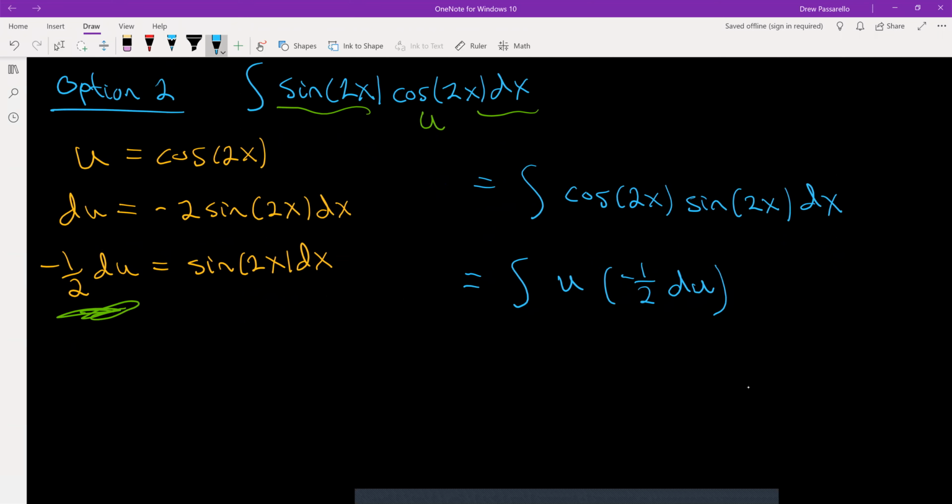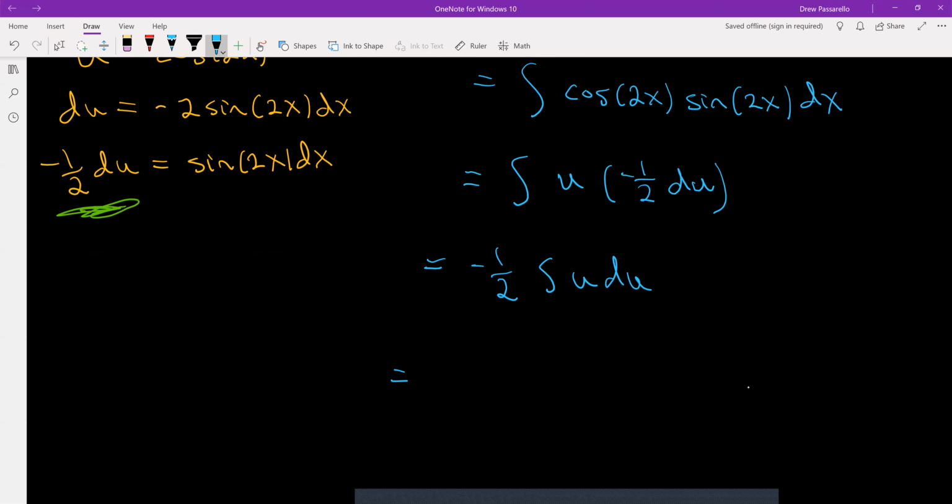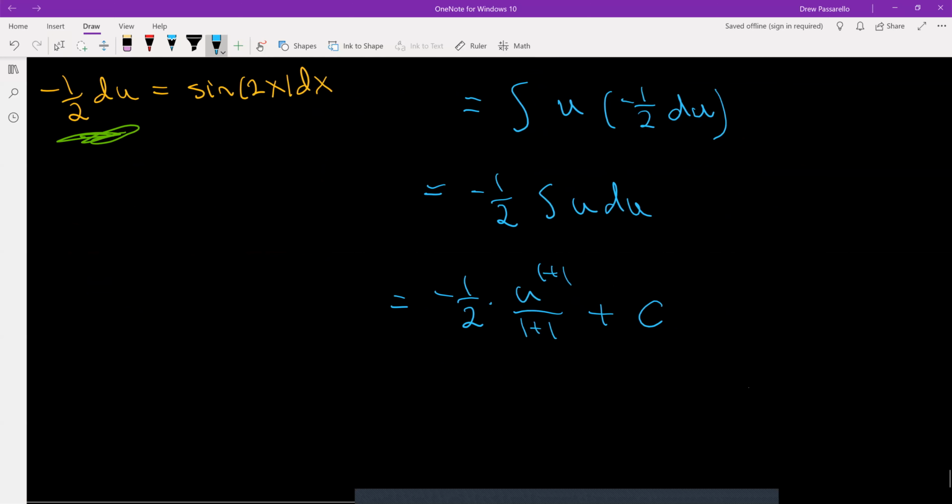Then you factor out the -1/2, and then you're integrating just u. Well, that turns into -1/2 times u to the 1 plus 1 over 1 plus 1, then plus c. So that's -1/4 u squared plus c.